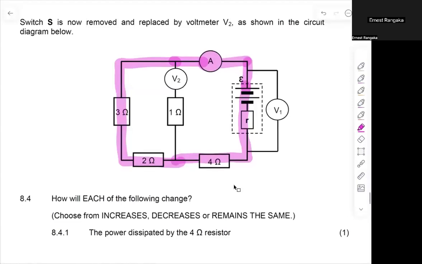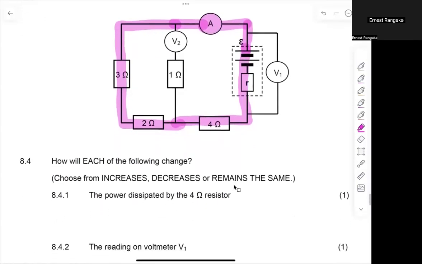Okay, now the question is going to ask, how will each of the following change? How will the power dissipated by the 4 ohm resistor change? Say decrease, increase, or remains the same. Quickly post in the chat. Will the power dissipated by the 4 ohm resistor increase, decrease, or stay the same? What do you guys think is going to be the answer?